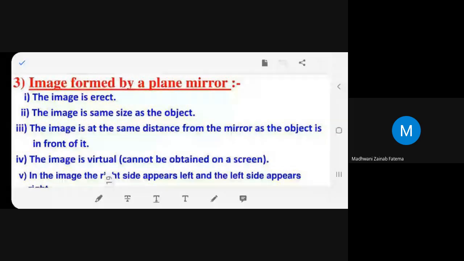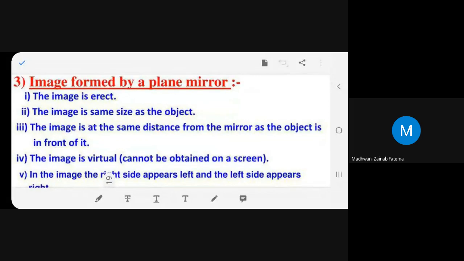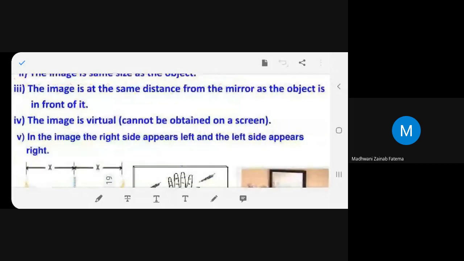Does your height increase in the image, or does your height remain the same, or decrease? Height remains the same. Exactly, height remains the same. The second is confirmed.